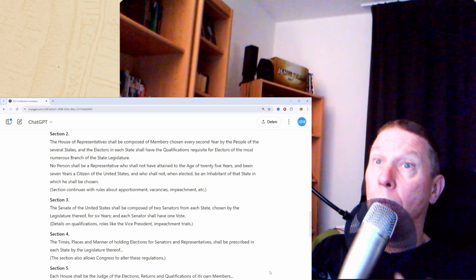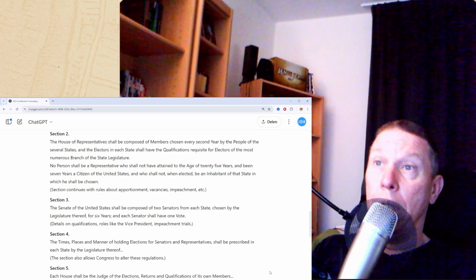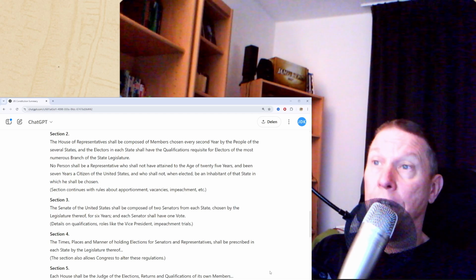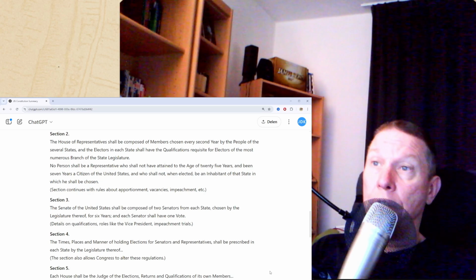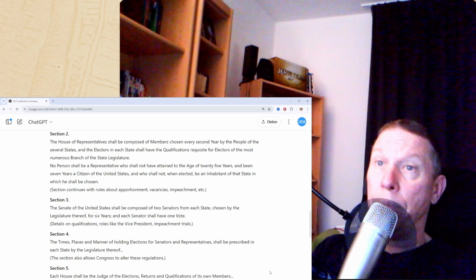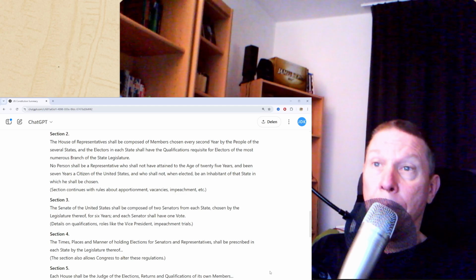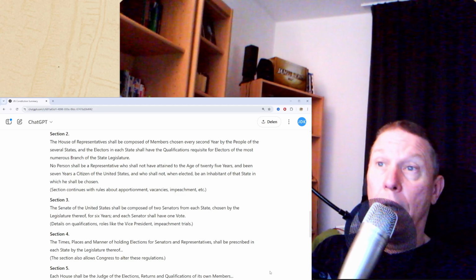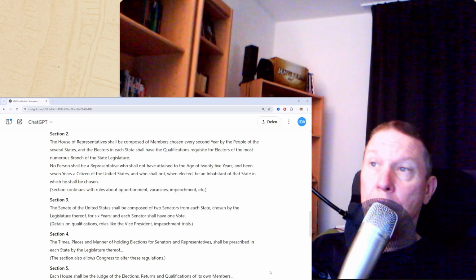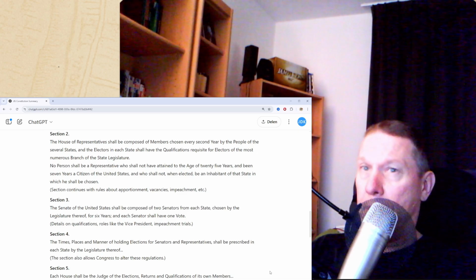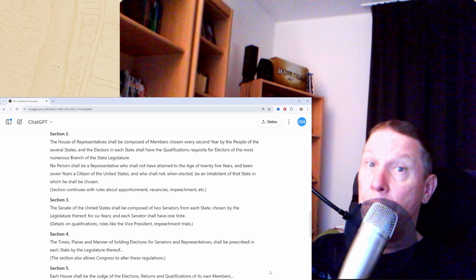I assume that somewhere in section 2 the difference between a representative and a senator is more defined. The times, place, and manner of holding elections for senators and representatives shall be prescribed in each state by the legislature thereof. So in each state, there are their own rulings on how and when elections are held. I thought that nowadays it's, I believe, every 2 years or so. I'm not sure. That's what I see right here.